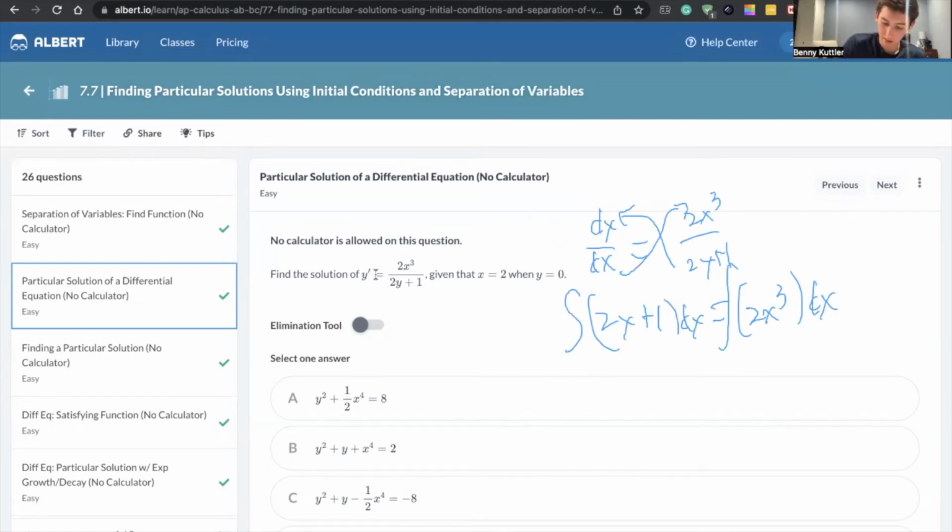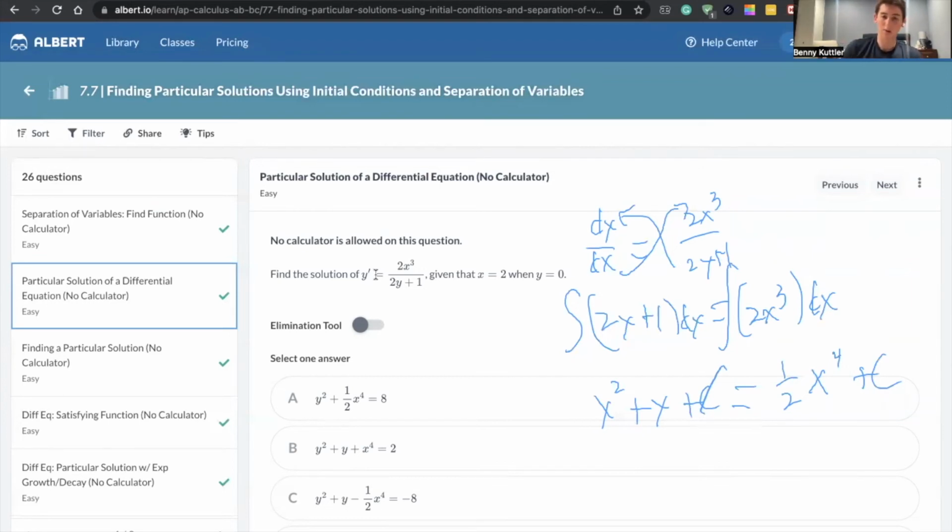And for the left side, we have y squared plus y plus c, and then the right side equals 1/2 x to the 4th. Yes, that's right. Plus c. One of the c's stays, it doesn't matter which one.